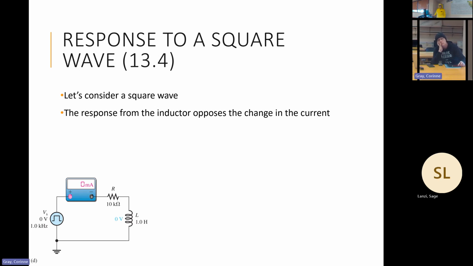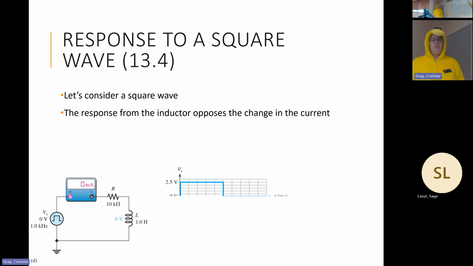When I decrease the current, will it point in the same or opposite direction? It will point in the same direction, because it wants to keep the value as close to the same numerical value as possible. If I'm decreasing the current, it points the same way to try to keep that total current value the same.